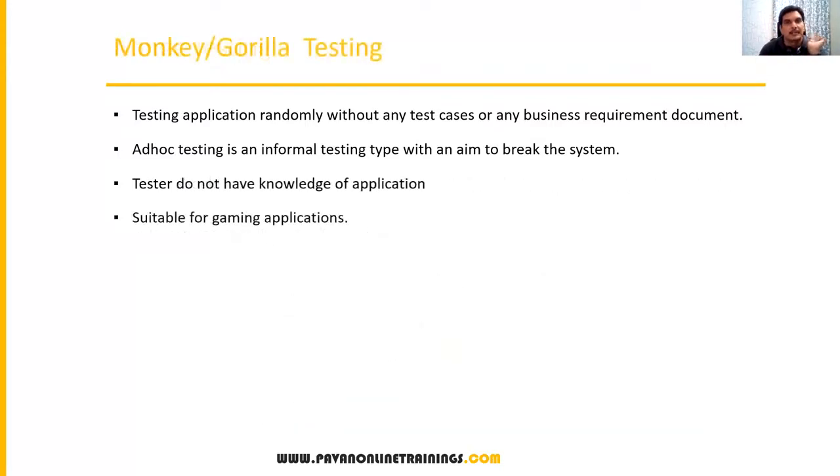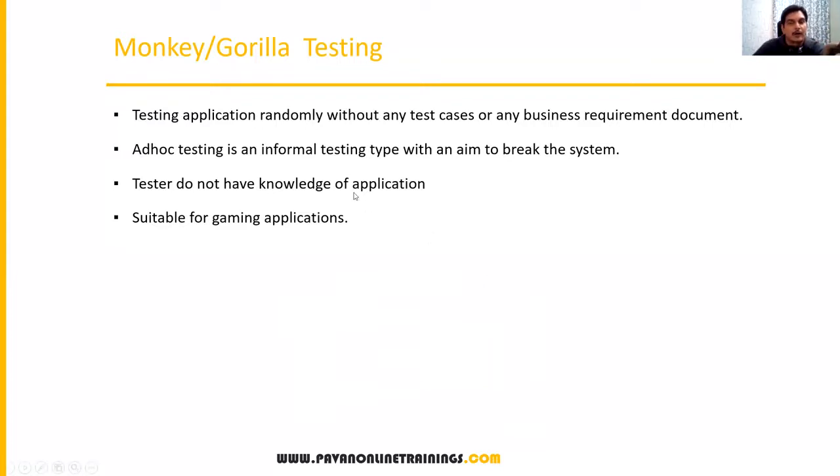Now come to another type of testing called monkey testing and gorilla testing. Here also we test the application randomly but without knowing any functionality. Here also we don't have any documentation, no test cases, nothing. We are testing the application randomly but without knowledge of the application. We don't know anything about the application.